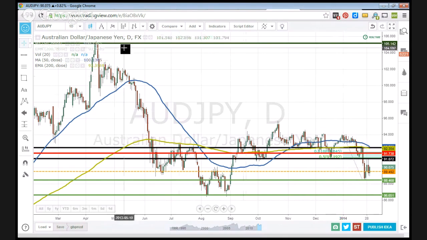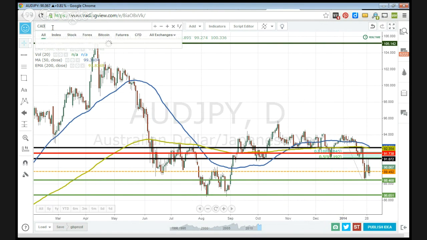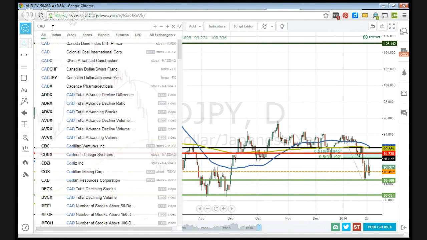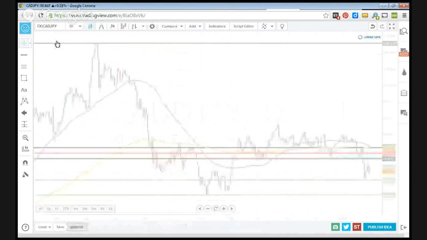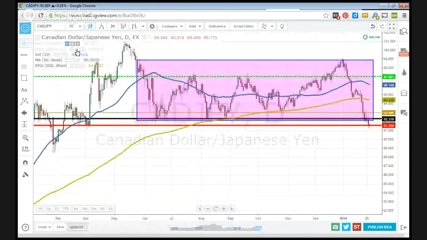Okay, so let's just quickly look at Canada yen too, since I got stopped out on that. And we had been discussing numerous yen trades. So Aussie yen worked out. However, most of them were short the yen against other currencies. That has not panned out so well. This may have been simply a mistake on my part.